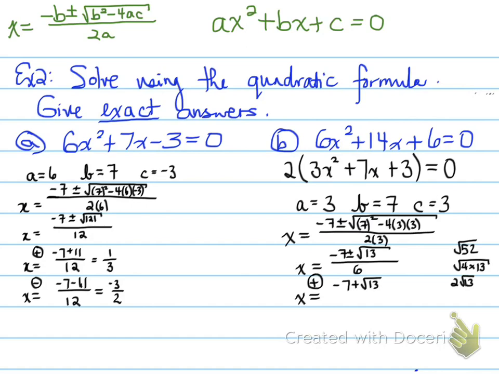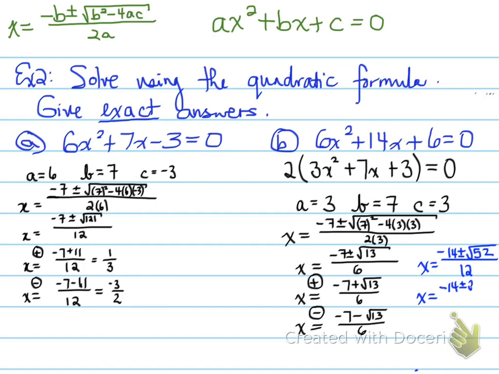Ultimately, when you add, you get negative 7 plus root 13 over 6 and negative 7 minus root 13 over 6. And here in blue is the example of what it would look like if you had not common factored. And you would get the exact same answer as we do in black.